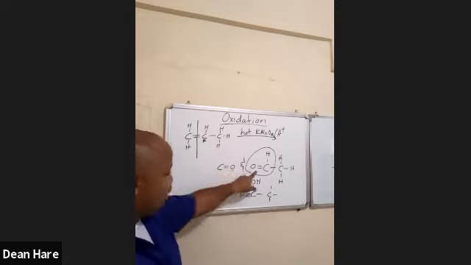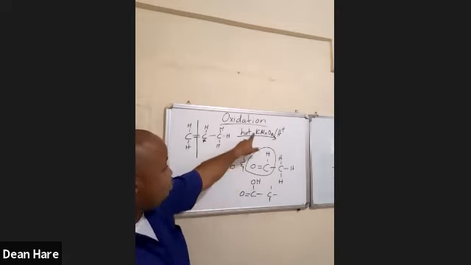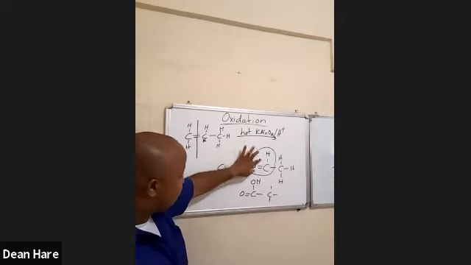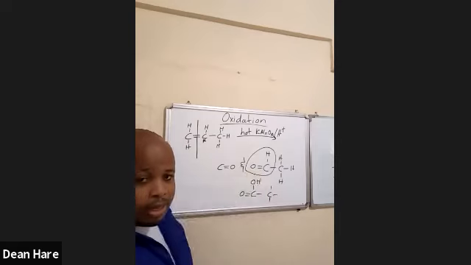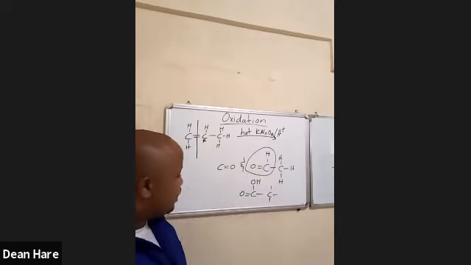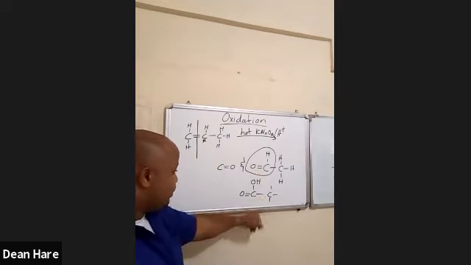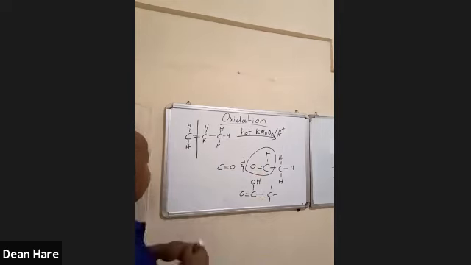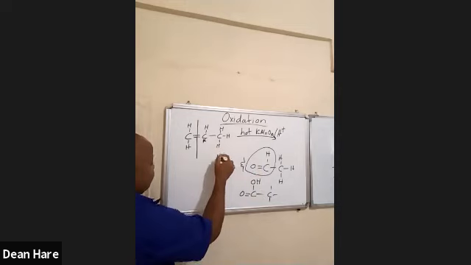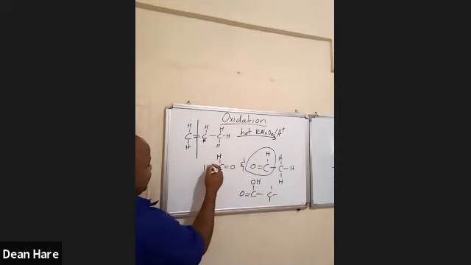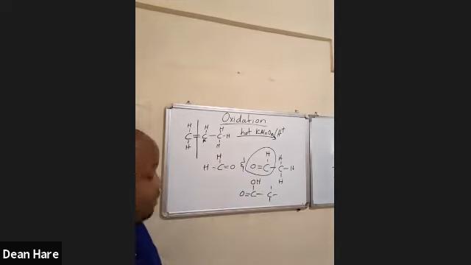Remember, we are getting two products when we use hot potassium permanganate. This is the first one. Based on the structure, you get an aldehyde. Aldehydes are easily oxidized, so you will end up with the carboxylic acid. Now here, this carbon has two hydrogens, all right?